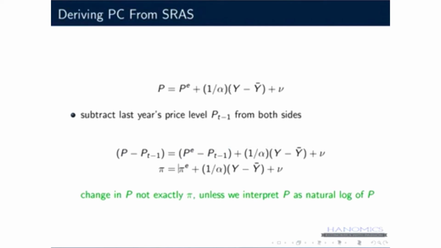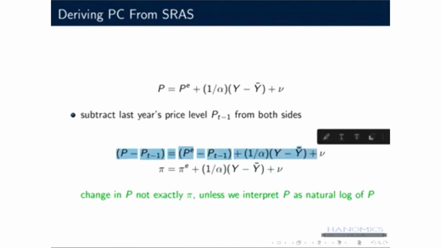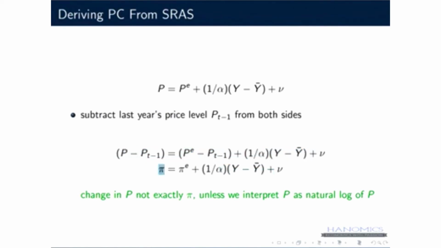So this equation here is exactly the same as this equation here. The main point is that the inflation rate depends on the expected inflation rate plus some kind of constant.